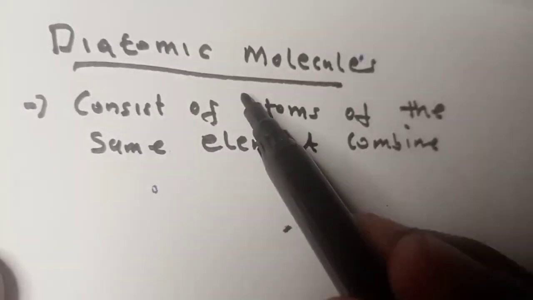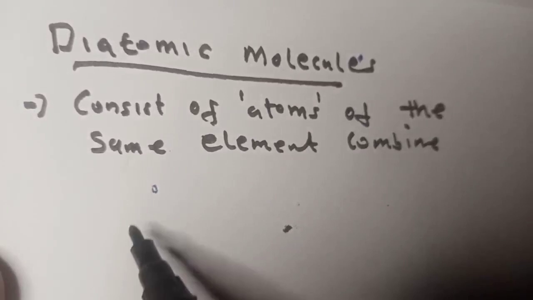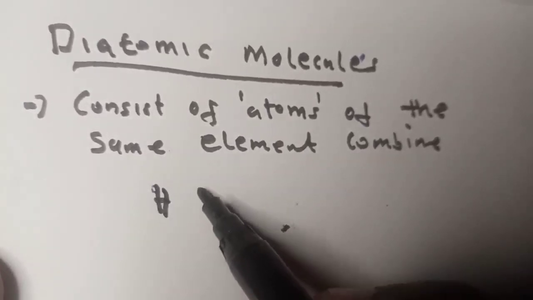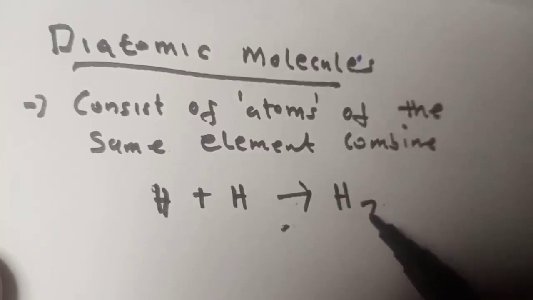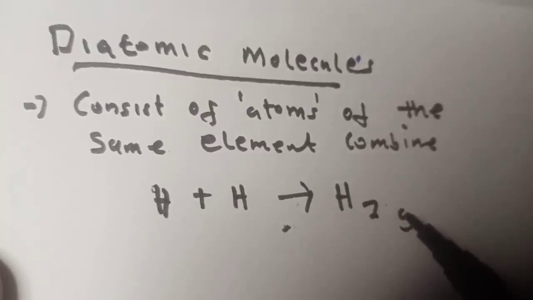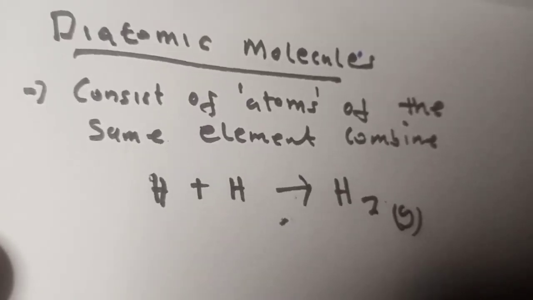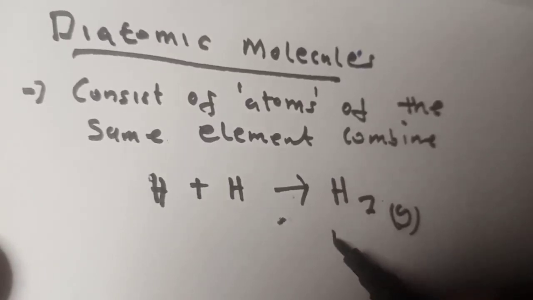When we combine two atoms of the same element, for example, a hydrogen atom plus another hydrogen atom, this will give us two atoms of hydrogen, and this will represent a molecule. We call this a diatomic molecule.